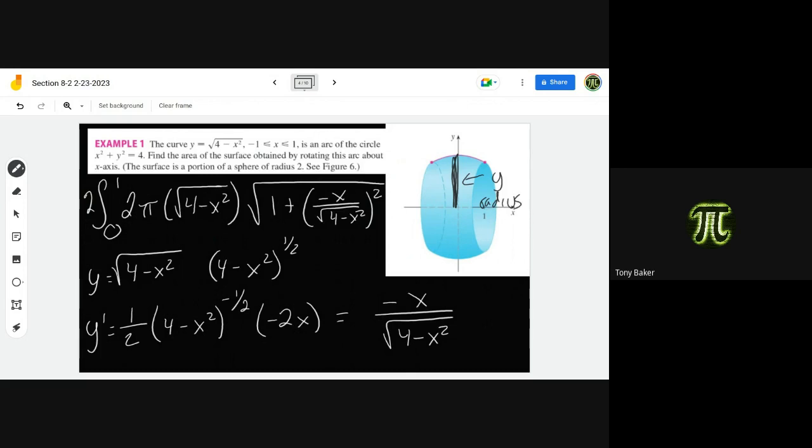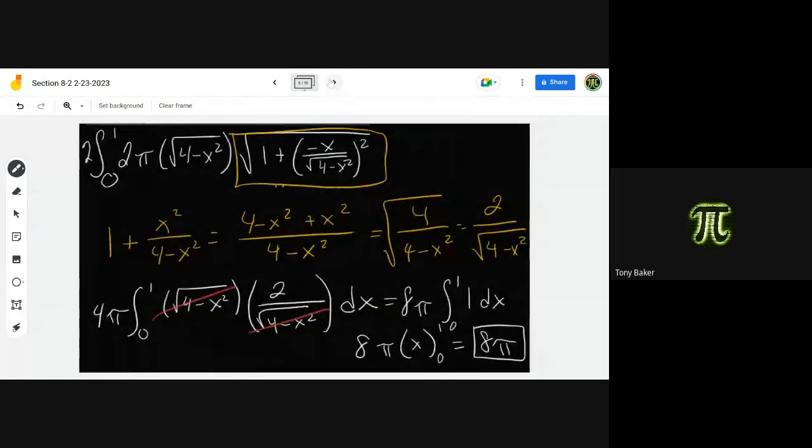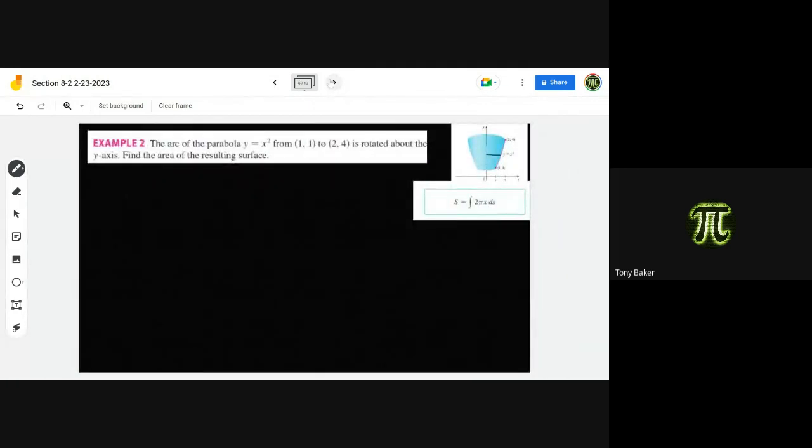If I was rotating around the y-axis, we're going to do one like that right now. All right.